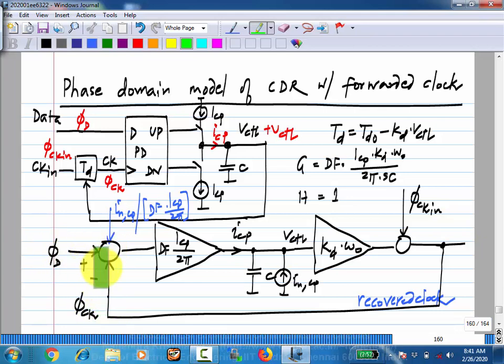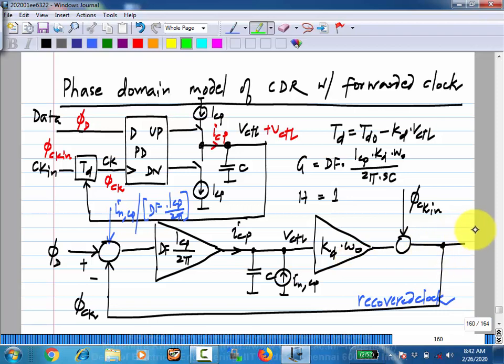On the other hand, you also use this recovered clock in the rest of the signal processing. Maybe you use this to retransmit. These things become a lot more important when you don't have the forwarded clock. When you have a clock from the other side, you could also pass it on to the following stages. But when you don't have a forwarded clock, you are regenerating it, so the jitter in the output clock becomes important.